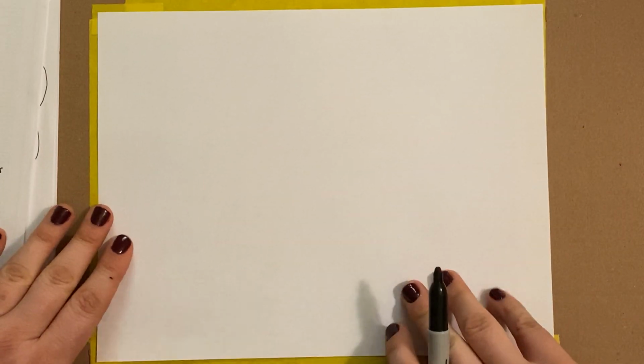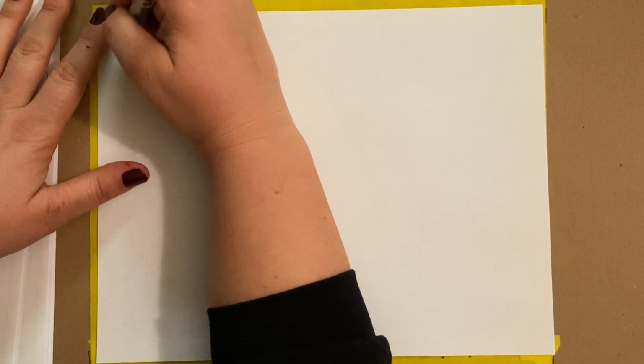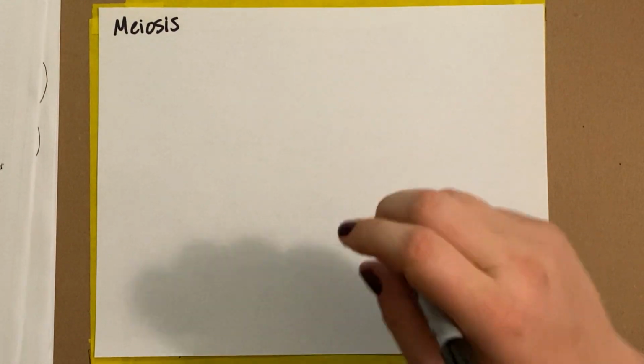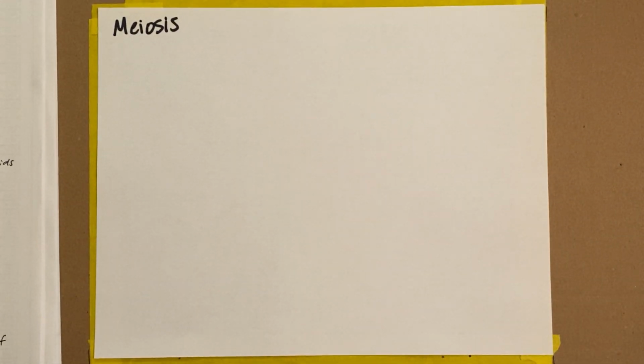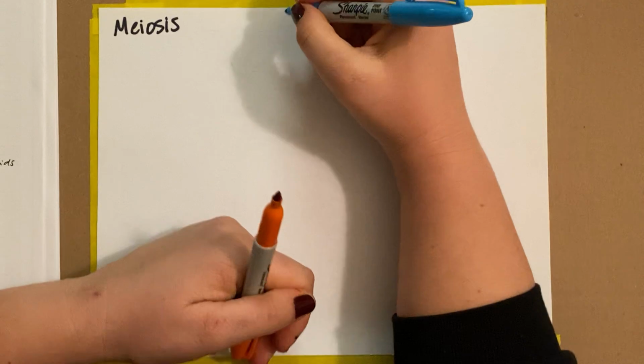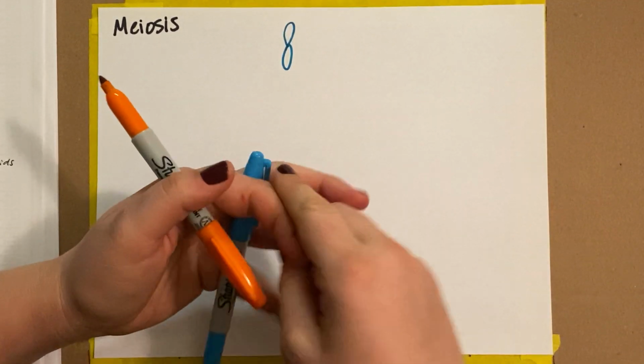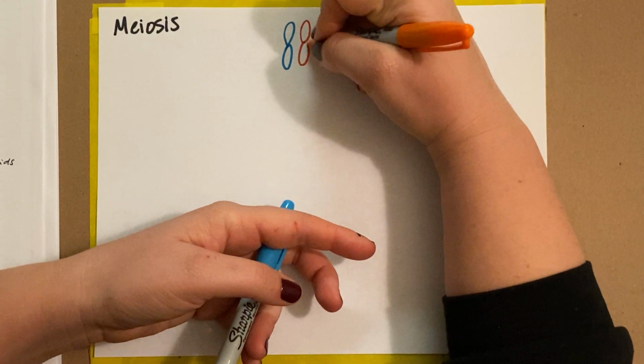Okay, so now we're going to talk about meiosis in more actual detail of how this is going to take place. So I'm going to start drawing my chromosomes in colors. Okay, and we're going to start off with what we've seen before. We can have a chromosome from mom and a chromosome from dad.